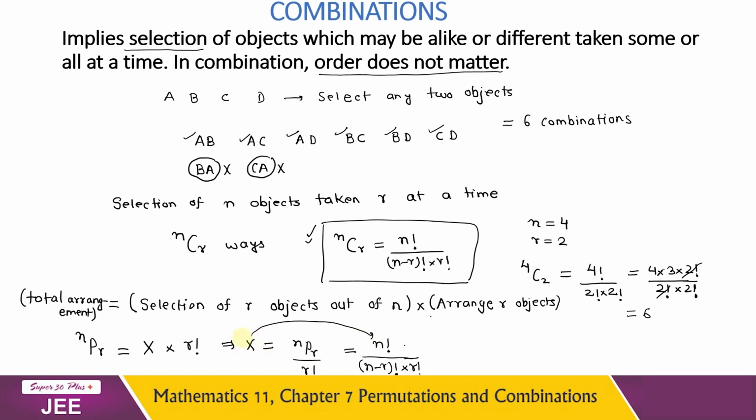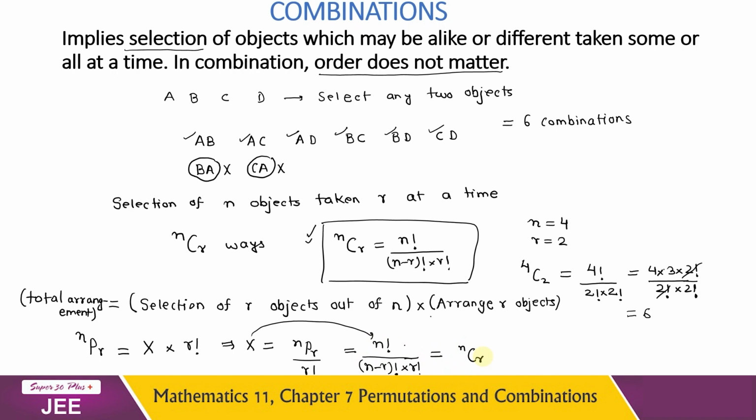And this x is what? Selection of r objects out of n. So this is the formula of selection of r objects out of n, or selection of n objects taken r at a time. And this particular expression is denoted by nCr.